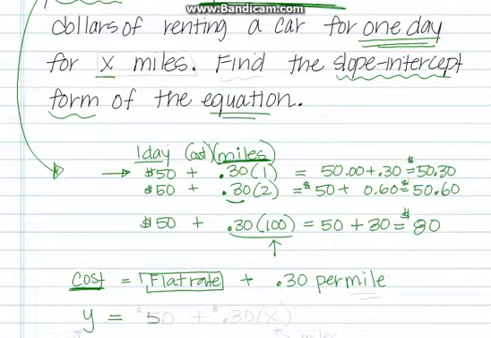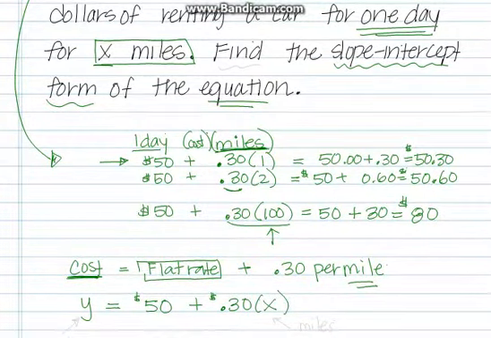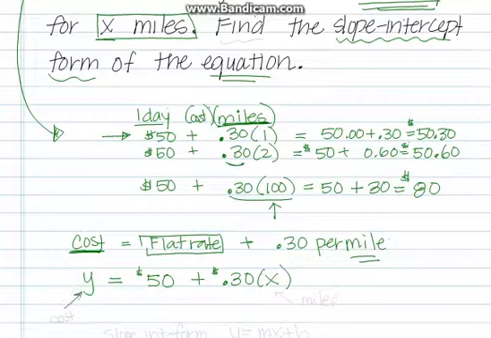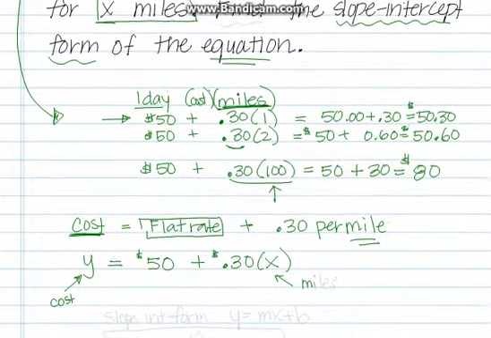So that's going to be $50 plus 30 cents per mile. It tells us up above that's going to be for x miles. So we could write 0.30 times x. So we have an equation where y is our cost and x is the number of miles.